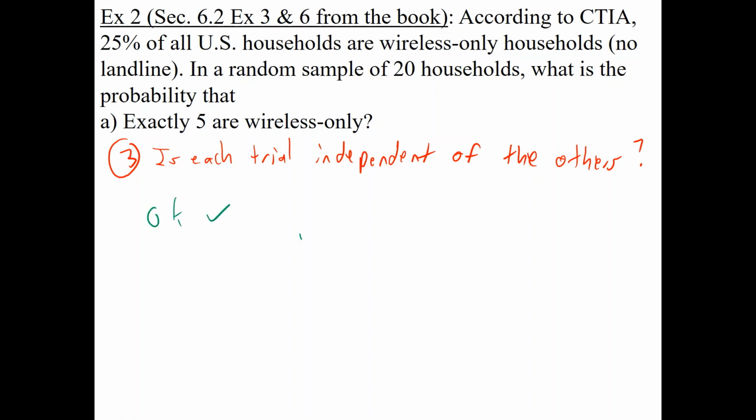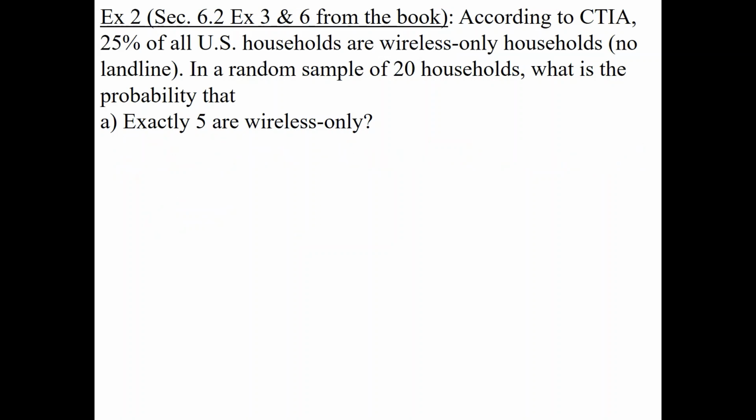Okay. So then let's go to the fourth condition. The fourth ingredient for it to be a binomial was the question has to ask you to find the probability of a certain number of successes.